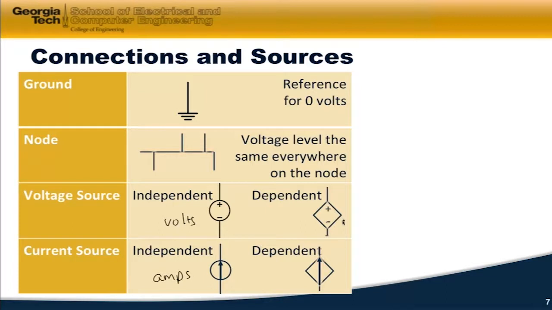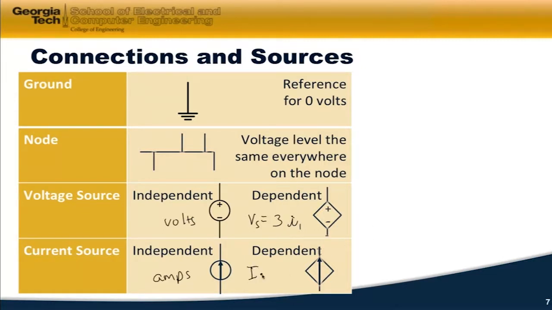diamond shape. Now, the difference between an independent source and a dependent source is that the independent source doesn't depend on the rest of the circuit. It's going to be independent. No matter what you do with the rest of the circuit, you define a function for that independent source. Now, dependent source, there's a dependence on some other part of it. For example, I might have this voltage supply, gives me a voltage, but it might be dependent on current in one of my branches.